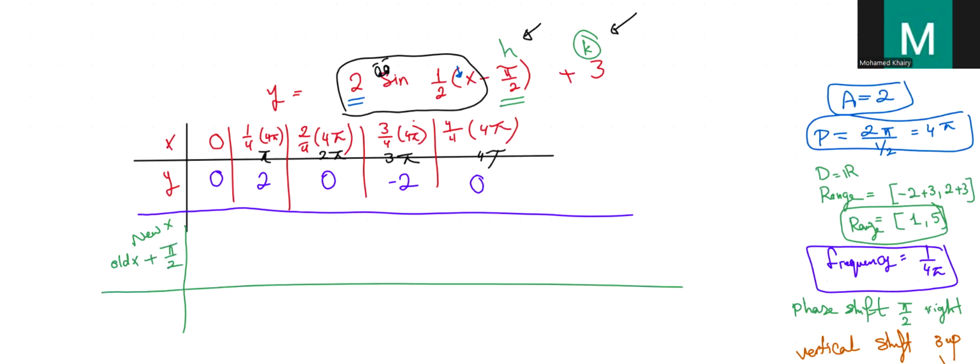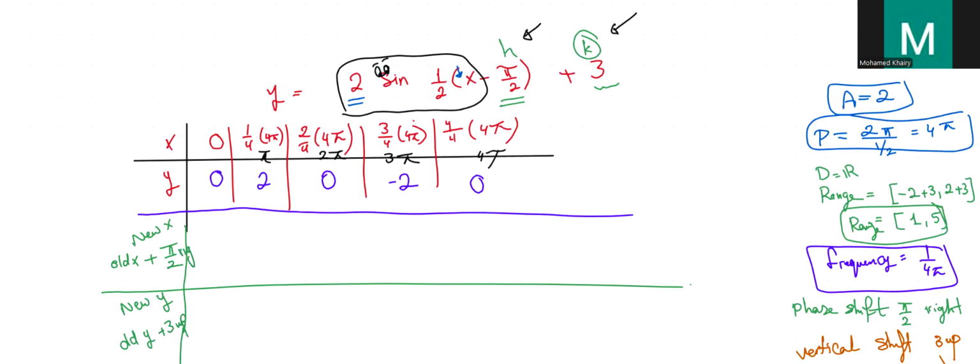Do I have here new y? Yes, because we are going to translate each single previous y 3 units up. For example, if it was 2, then 2 plus 3 equals 5, and so on. So new y equals old y plus 3 units up.